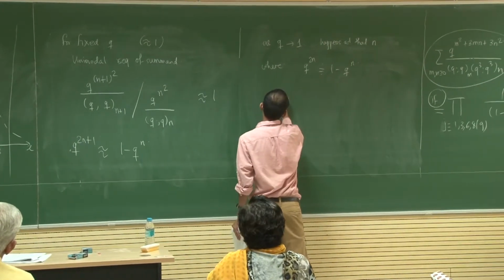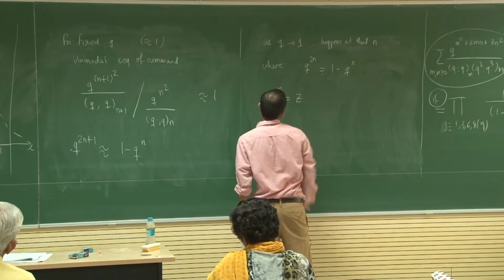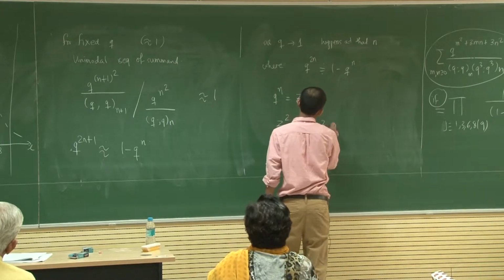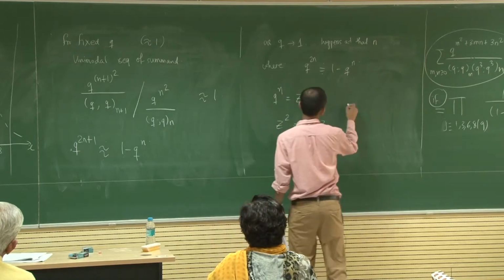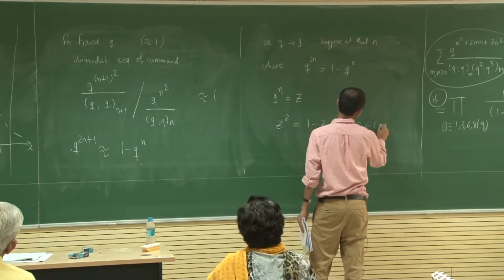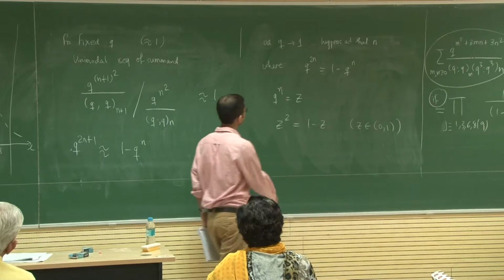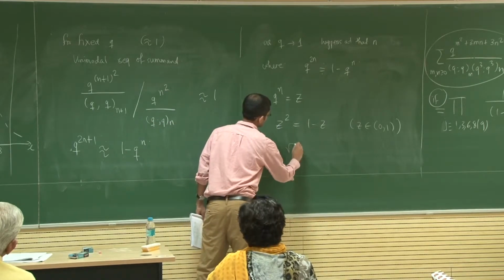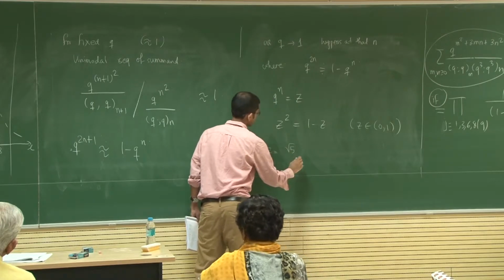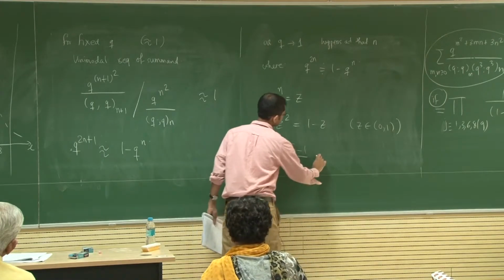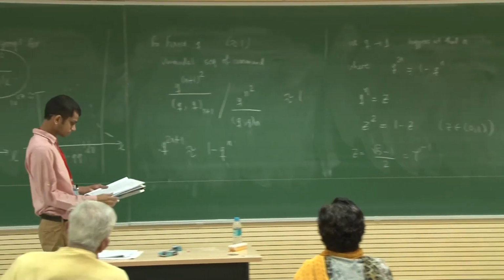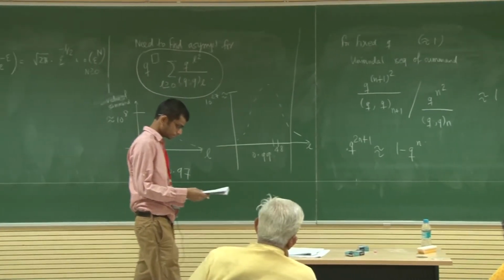If I plug q to the n as z, then I get z squared is equal to 1 minus z, and I want z to be between 0 and 1 because q is between 0 and 1, and here it is the inverse of the golden ratio. Okay.